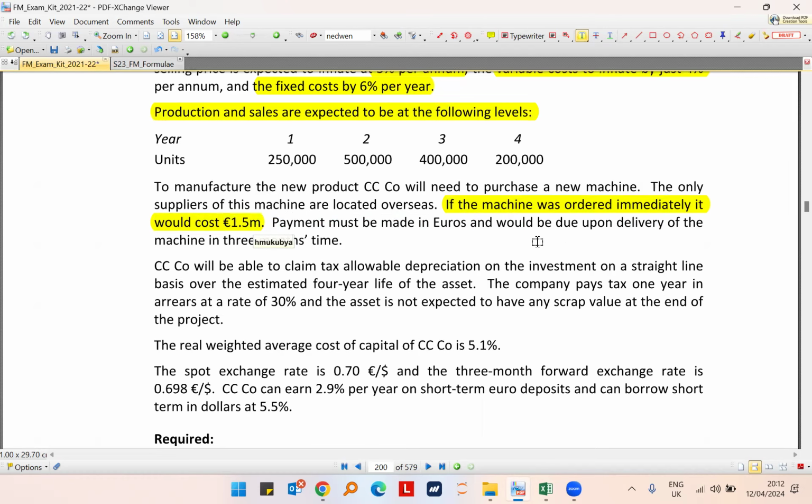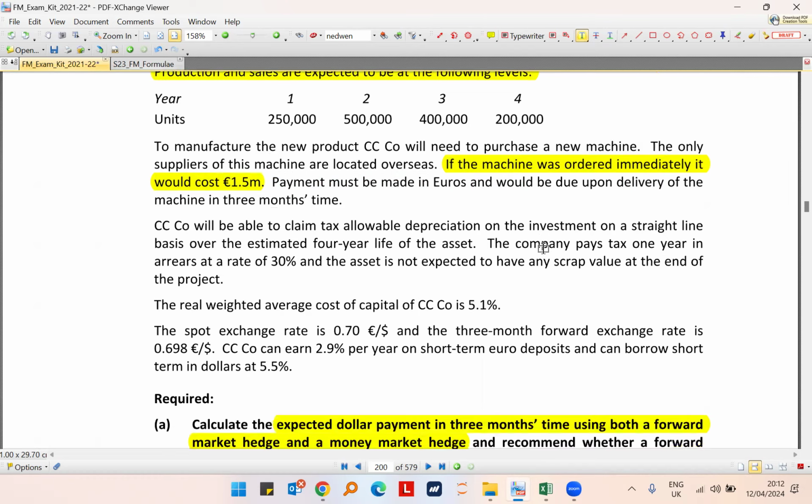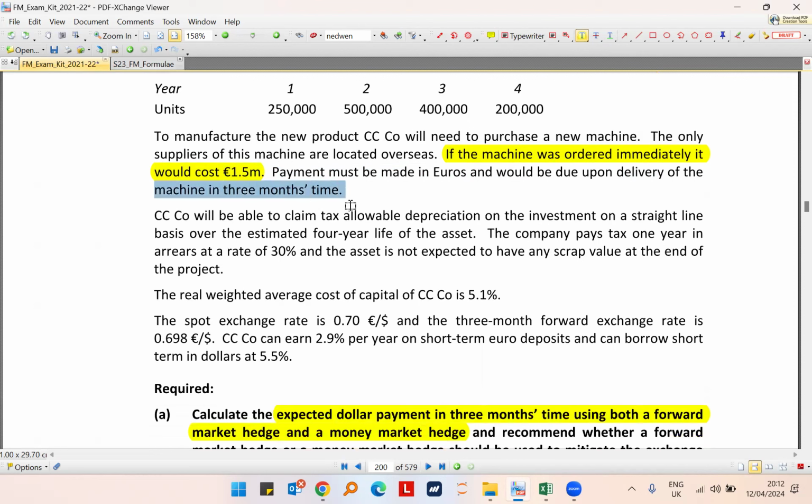And the payment would be made in euros and will be done upon delivery of the machine in 3 months' time. Now remember, right now it costs 1.5 million euros, but we shall pay in 3 months' time. That's the one they're asking us here in this part A.